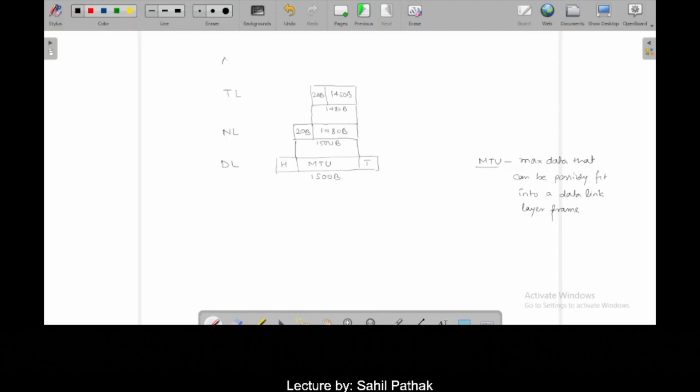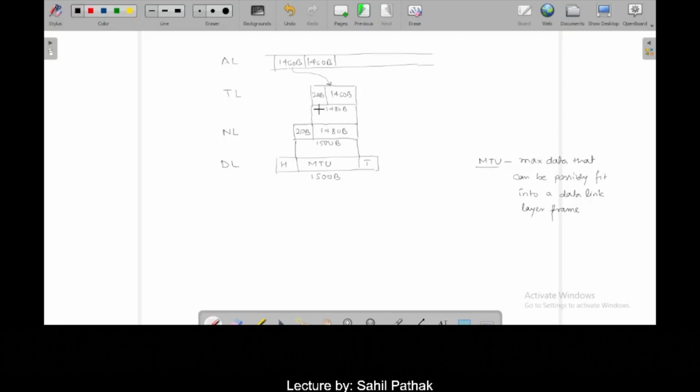So if at the application layer we have a large message, this message should be divided into chunks of 1460 bytes, okay. Then one by one these can be fit into the segment of the transport layer by adding 20 bytes.